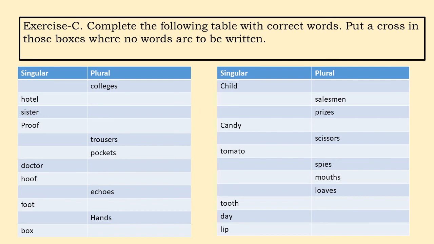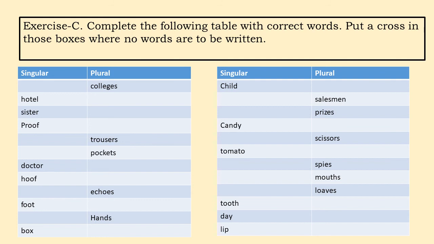Then the next row is with prizes. Then comes candy. Then comes scissors. Tomato. Spies.